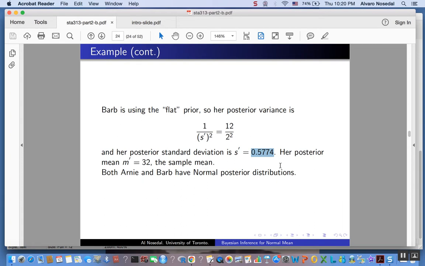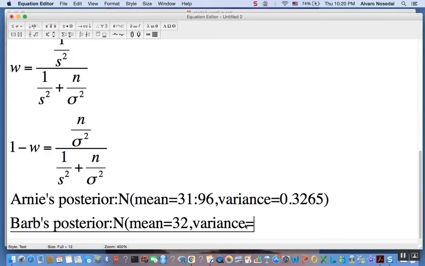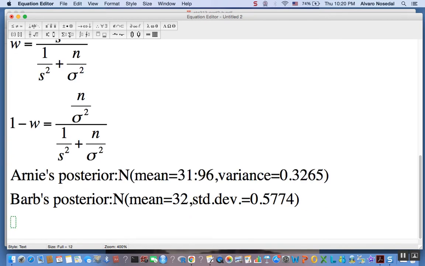Oh, that happens to be the standard deviation. So let me just make a note of that. So this one is standard deviation. Okay. Now we are in business.